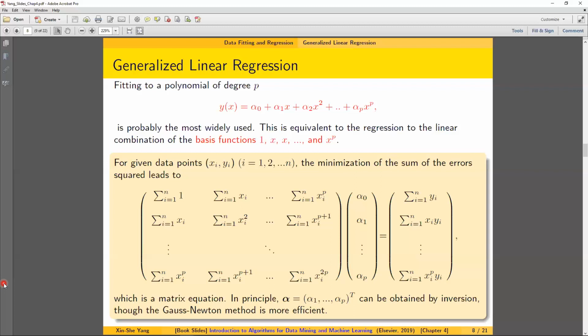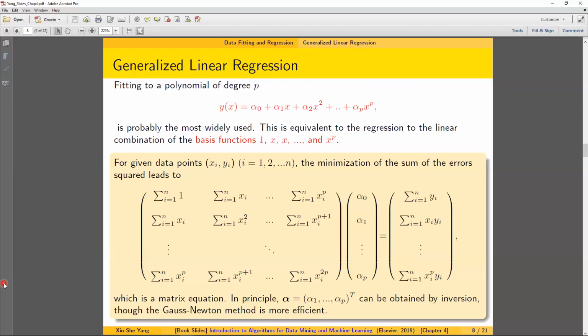For a set of data points xi, yi, the minimization of the sum of the error squares leads to the following formulation, which is a matrix equation. In principle, alpha 1 all the way to alpha p can be obtained by inversion through the Gauss-Newton method.